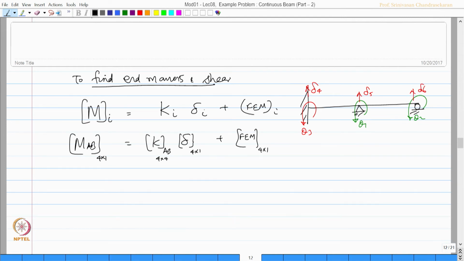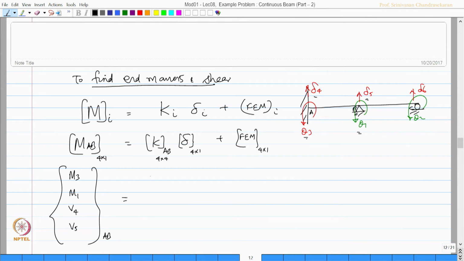So, for MAB, the values will be, this is A, this is B and this is C. Okay. MAB, the values will be, as you correctly guessed, is going to be M3, that is corresponding to this, M1 corresponding to this, shear 4 corresponding to this, shear 5 corresponding to this. Okay. This is for AB.